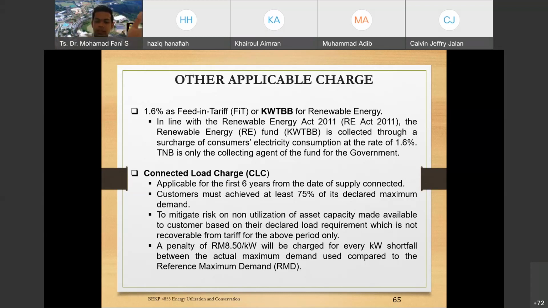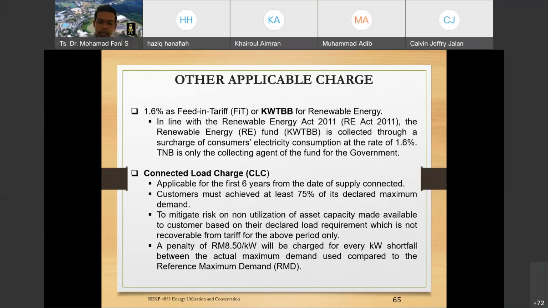So for the first year, TNB will not charge the consumer. But from the second year until the sixth year, TNB will monitor and charge the consumer if they are not able to achieve at least 35% of the declared maximum demand.